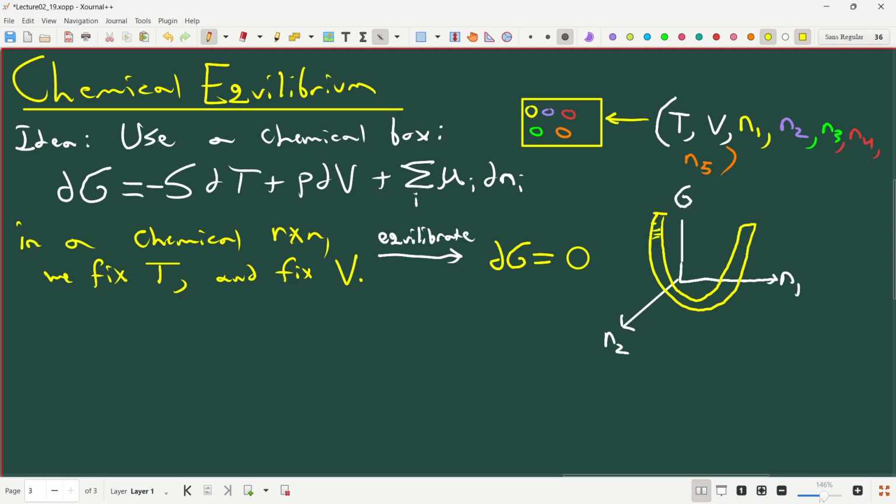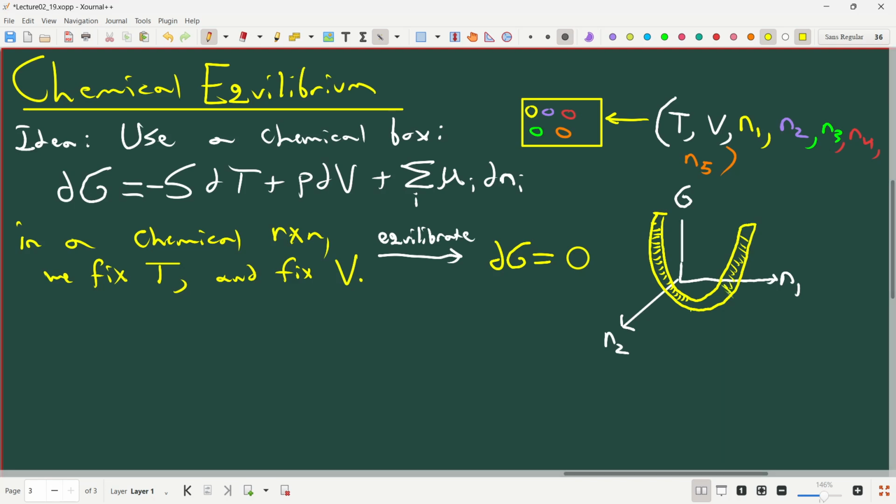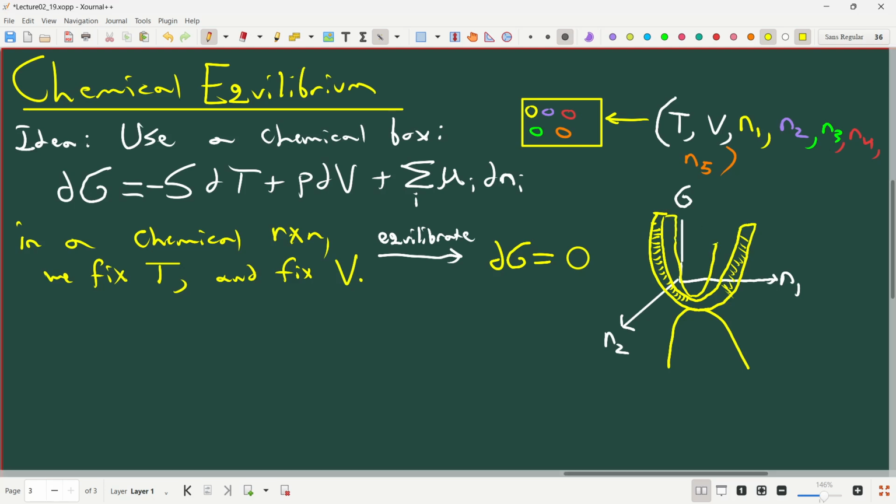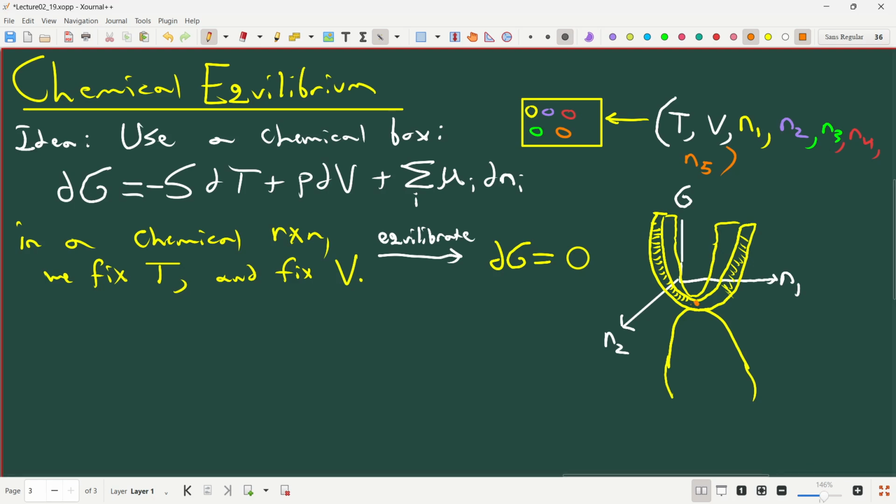Maybe the surface bends down out here, and maybe it goes up like this. We have some three-dimensional surface, and there's this minimum point right here, at the minimum energy, as a function of N1 and N2.